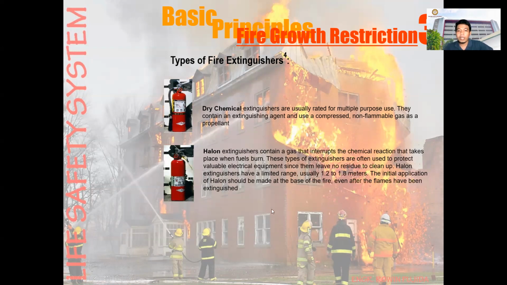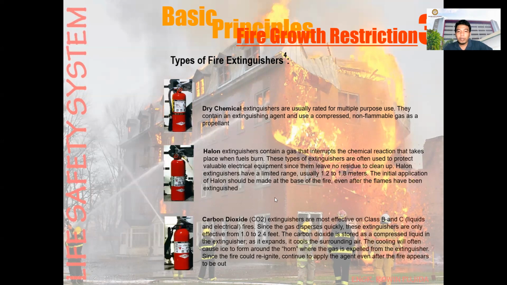And then the carbon dioxide extinguishers are most effective on class B and class C, liquid and electrical fires, since the gas disperses quickly. So these extinguishers are only effective from 1 to 2.1 feet. The carbon dioxide is stored as a compressed liquid in the extinguisher.